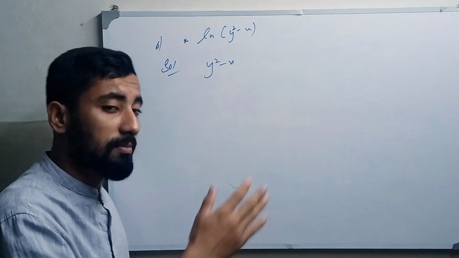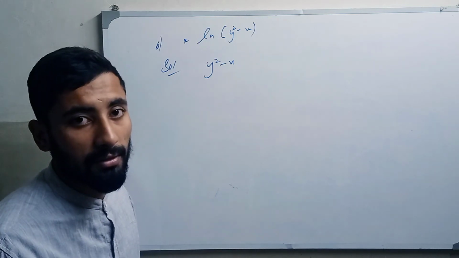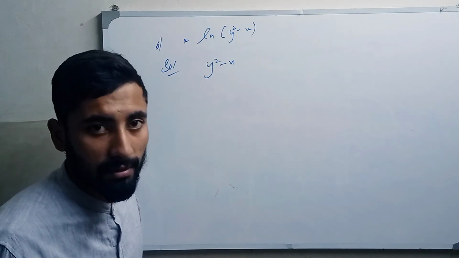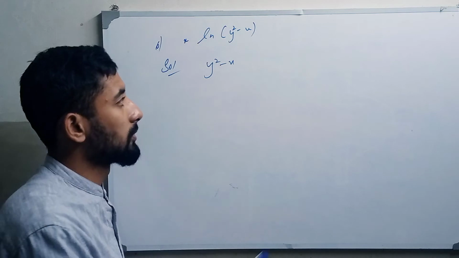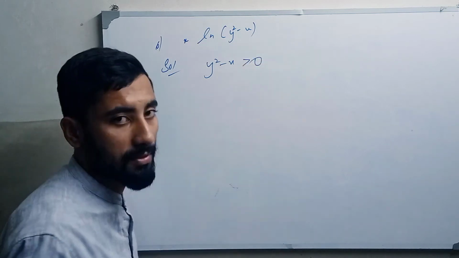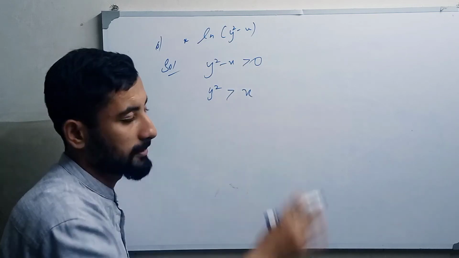And if y square minus x is less than 0, then the function will also be undefined, because log of a negative number is an error, and log of 0 is also undefined. So y square minus x must be greater than 0, and y square greater than x.